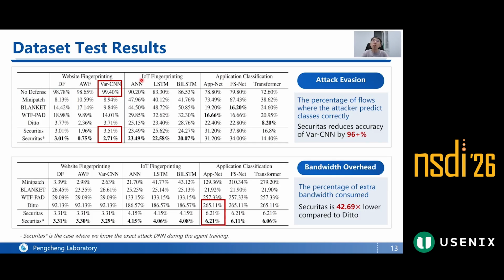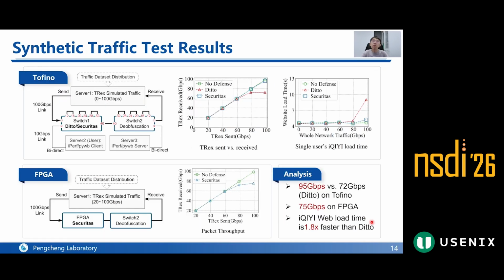This is the dataset results. In the aspect of attack evasion, Securitas reduced attack accuracy by 96%. And in the bandwidth overhead, Securitas is 42 times lower compared to the current in-network defense. In the synthetic traffic test, we have the Tofino testbed and FPGA testbed.